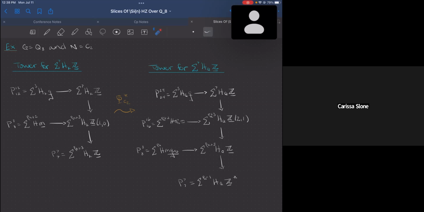Usually how I play this game is I'll start with a short exact sequence of Mackey functors.